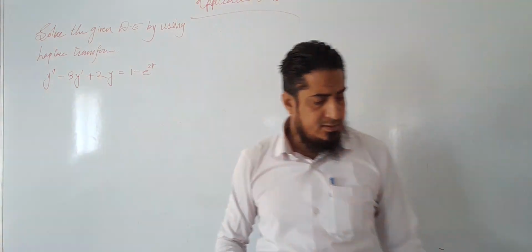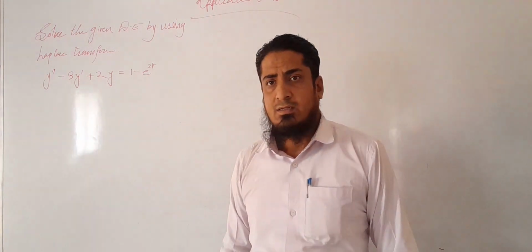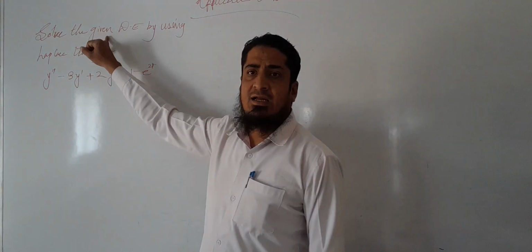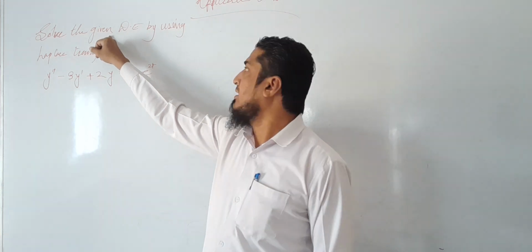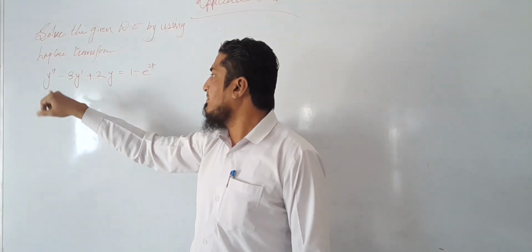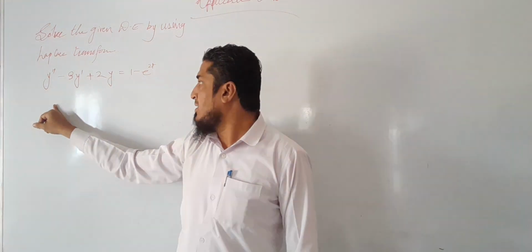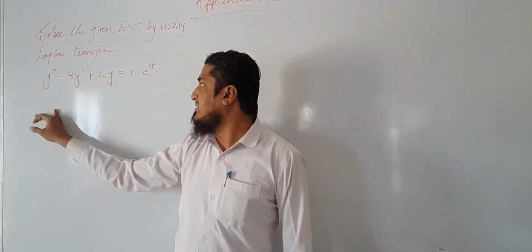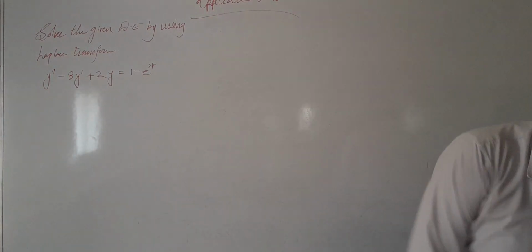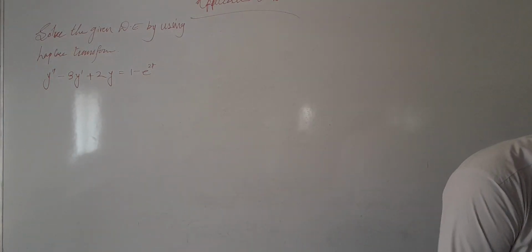Solve the differential equation by using Laplace transform, and the equation is as follows: y double dash plus 3y dash plus 2y is equal to 1 minus e raised to 2t.